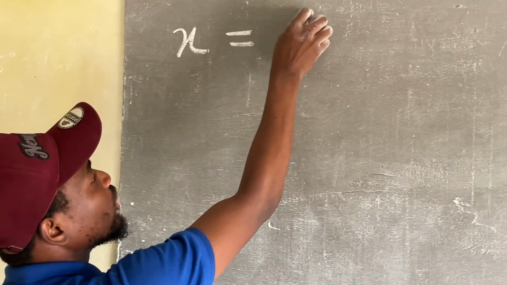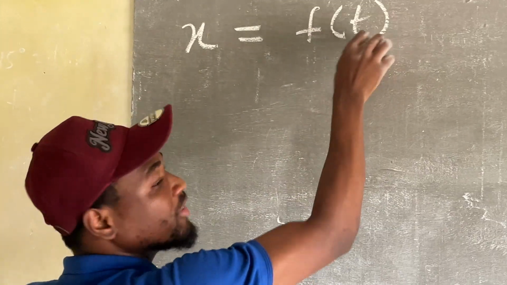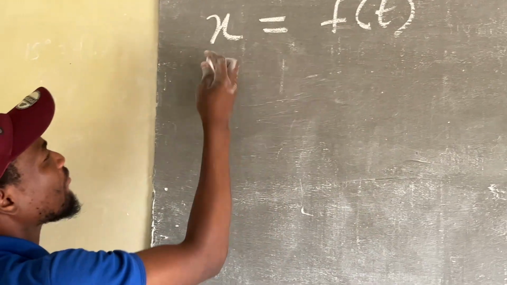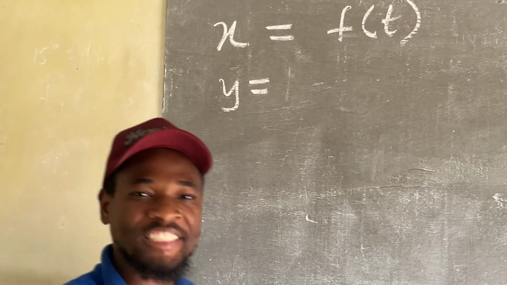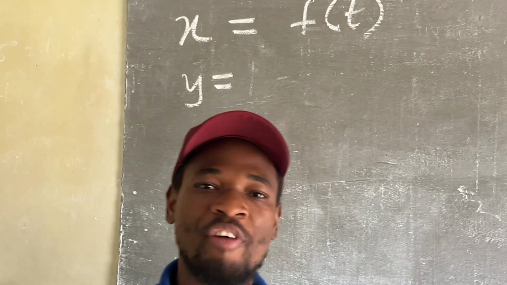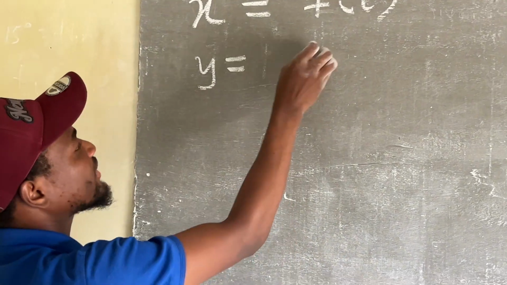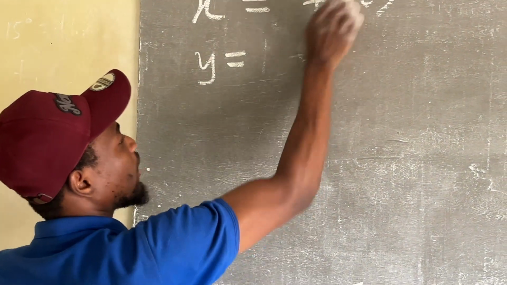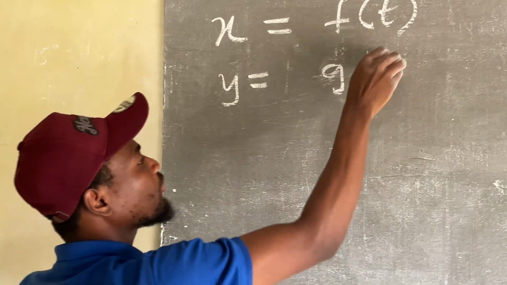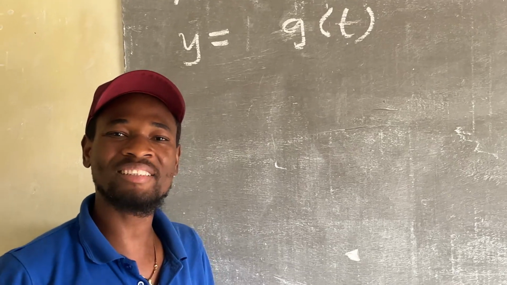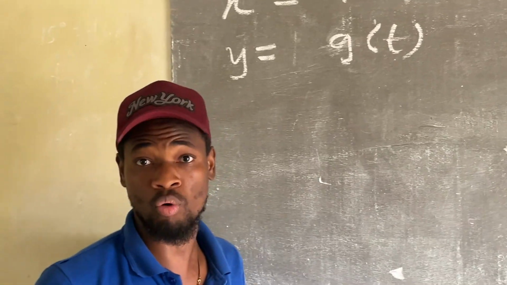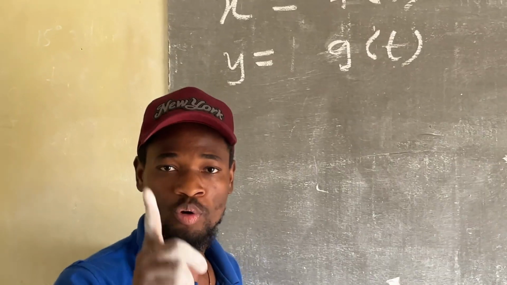So let's have it to be f of t. And I have another variable called y, and this y is expressed as a function of t, so let's say g of t. I said I will introduce you to dependent and independent variables when I get to ordinary differential equations.